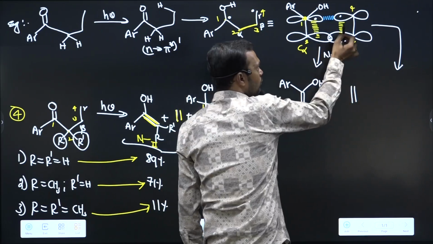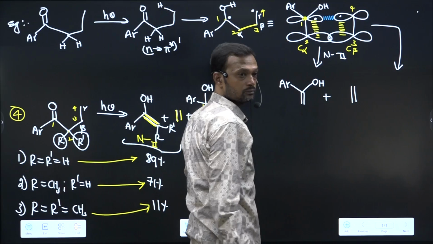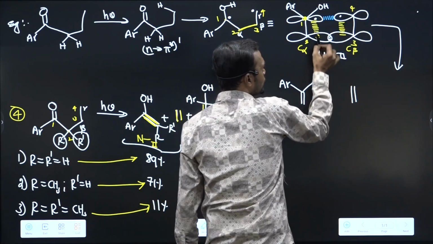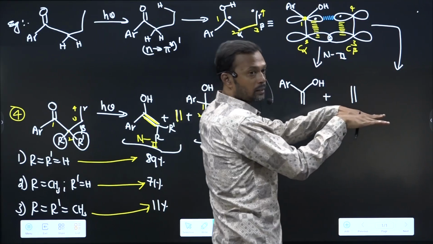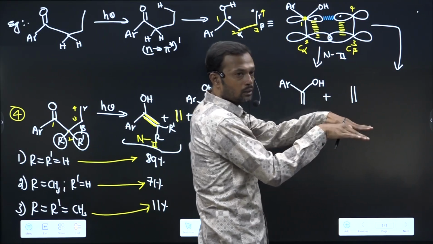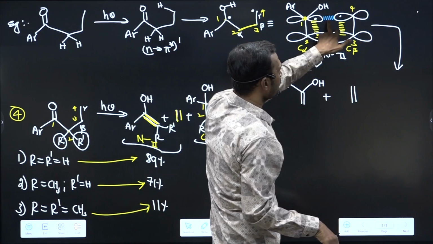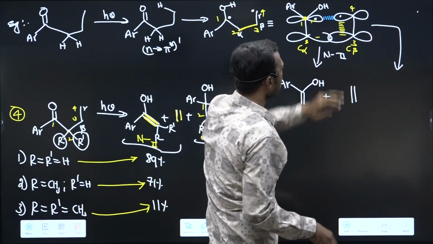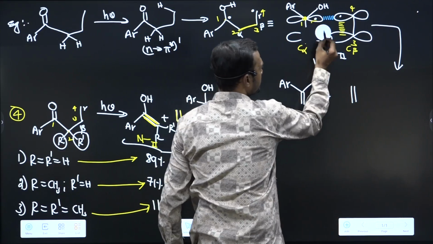Linear overlap is strong when these two do not exist. So whenever these four orbitals 1, 2, 3, 4 are all in one plane, what happens? See, sideways overlap is stronger than linear overlap. When sideways overlap is stronger than linear overlap, what happens on that time?